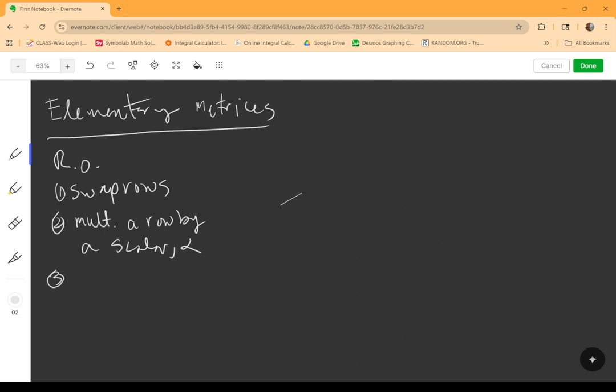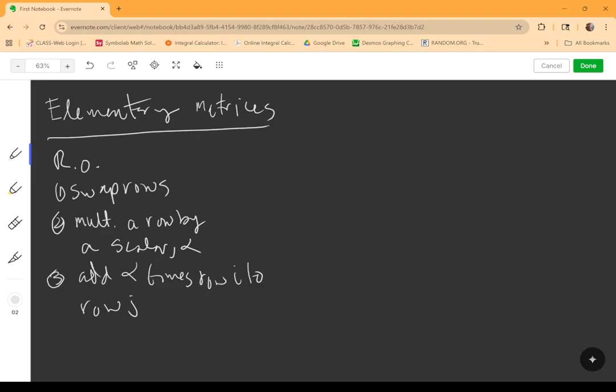And the third one is we could add alpha times a row, let's say I, to row J. Those are our three basic row operations.